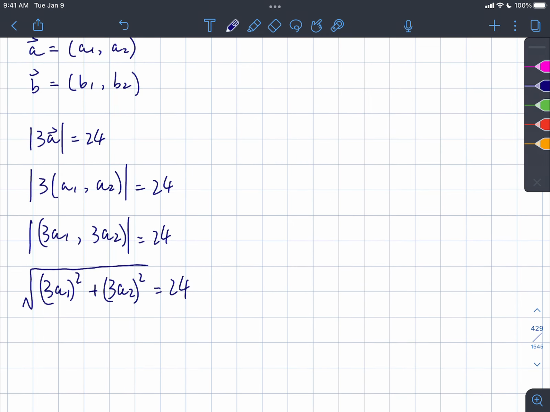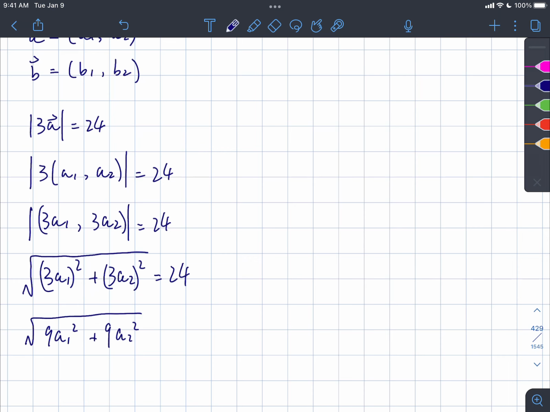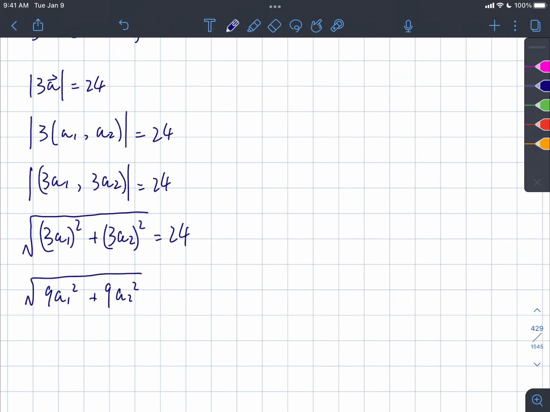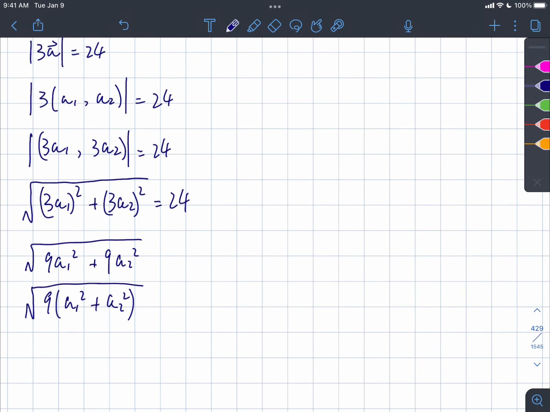Okay, so we have this, and then we continue. This is 9a1 squared plus 9a2 squared. You can factor out a 9, and therefore take the 9 out of the square root. That will make it 9 times (a1 squared plus a2 squared), and you take the 9 out of the square root, which makes it like this.